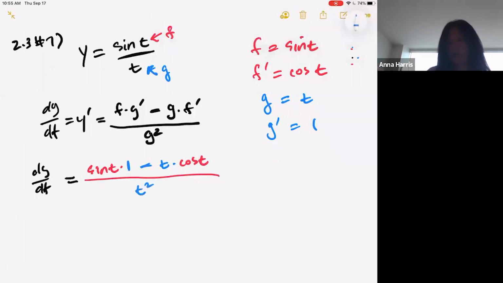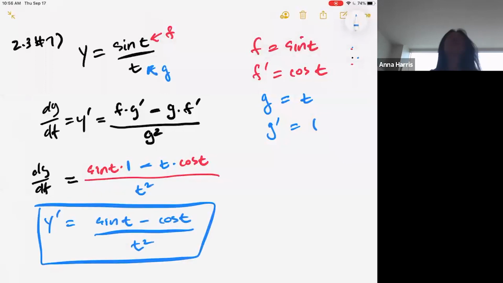So here I got t squared. So this just happens to be an easy problem, and we're done. So my answer is y prime is equal to sine t minus t cosine t, everything divided by t squared. That's 2.3, number 7. That's what I just did.